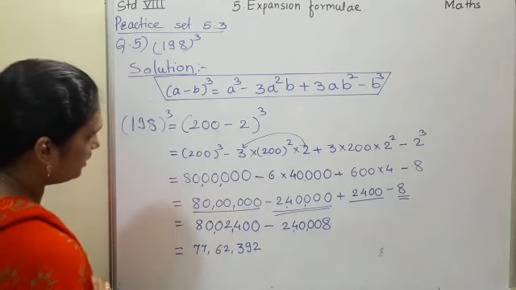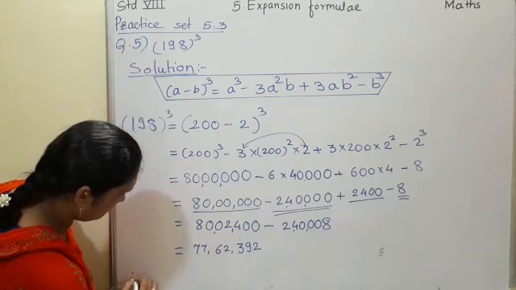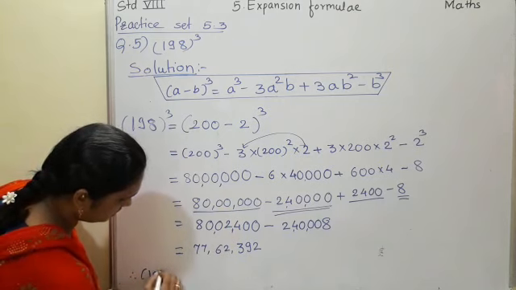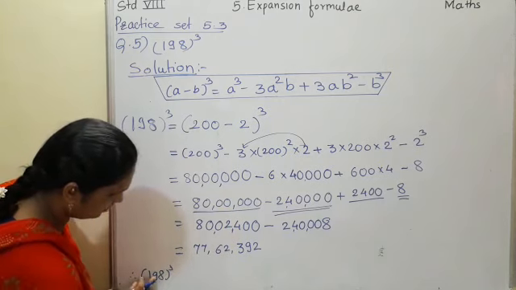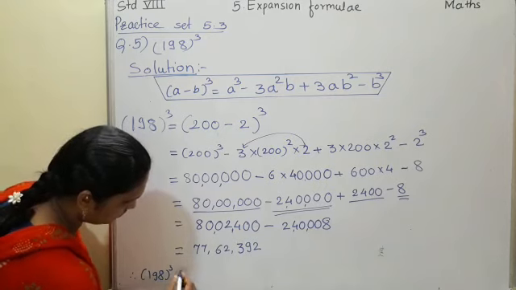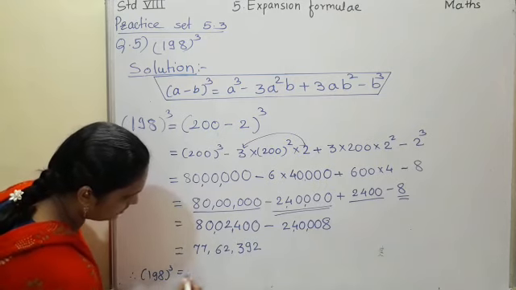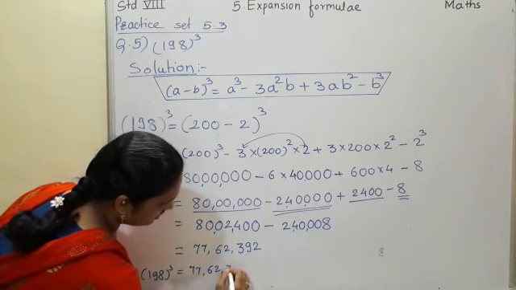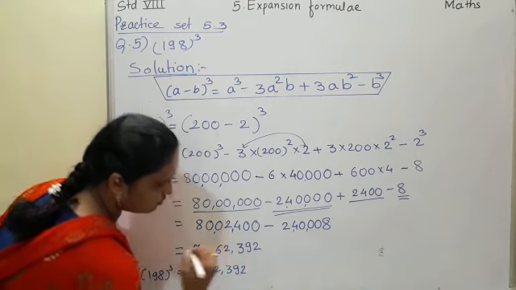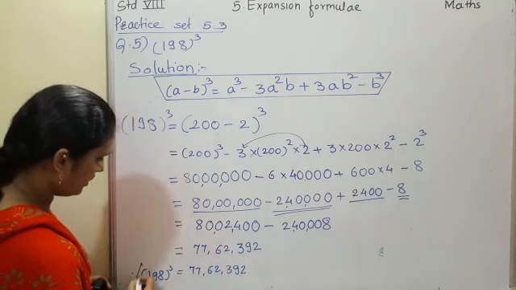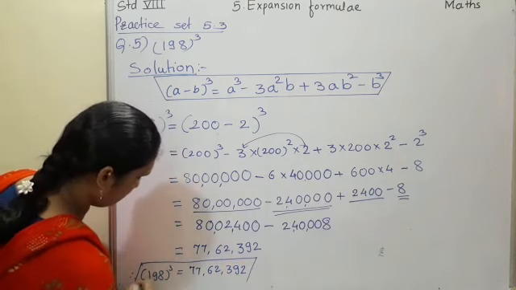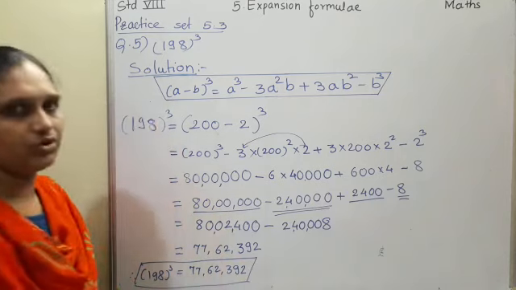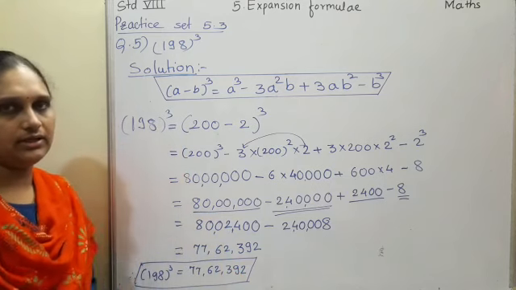So finally I'll write the answer. Therefore 198 cube is equal to 77 lakh 62,392, the final answer. For the final answer you can also put a box so that it will be highlighted.